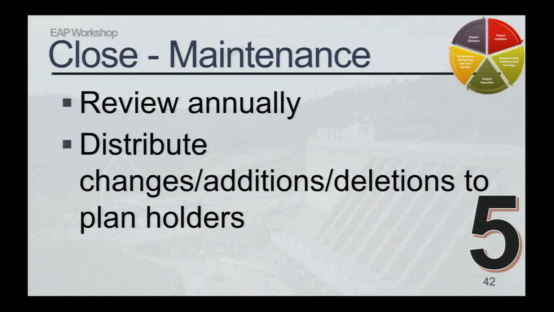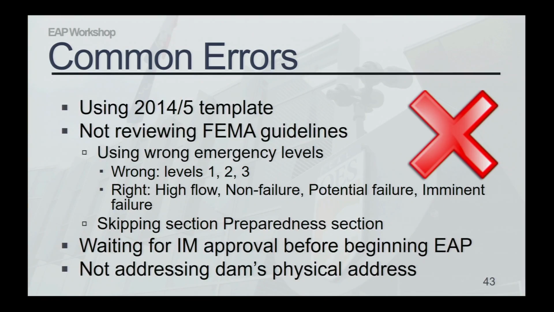Now that we've covered the project cycle of the EAP, we've gone through steps 1 through 5, you've gotten step 1 done, a head start, and step 2. We'd like to share some common errors and best practices we've seen in the EAPs that we've reviewed so far. Some of the common errors, the first one is using an outdated template.